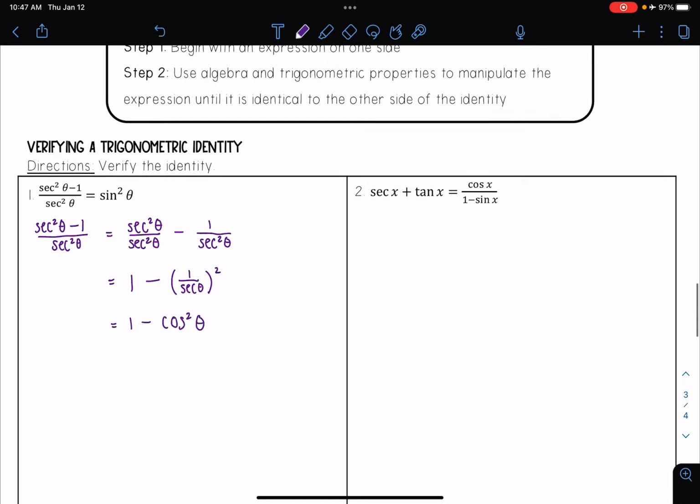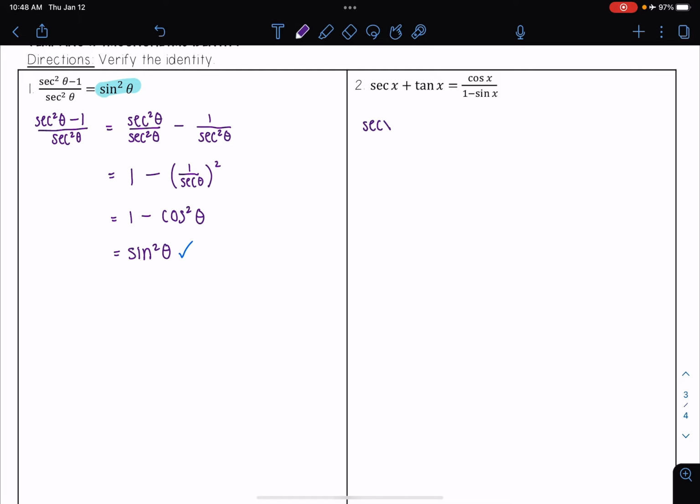Okay, let's look at another one. Here I have secant of x plus tangent of x is equal to cosine of x over 1 minus sine of x. I'm going to start with the left-hand side, and I want to somehow get cosine of x over 1 minus sine of x.